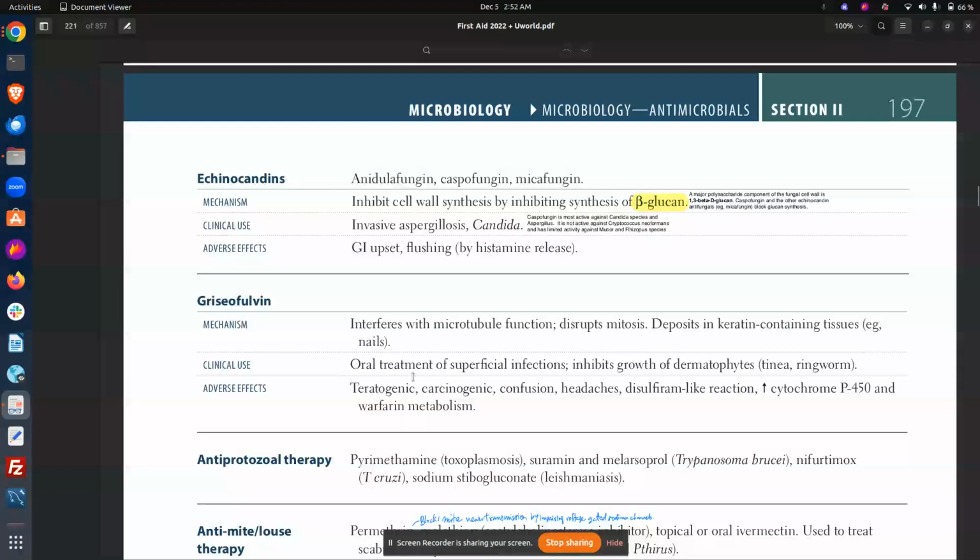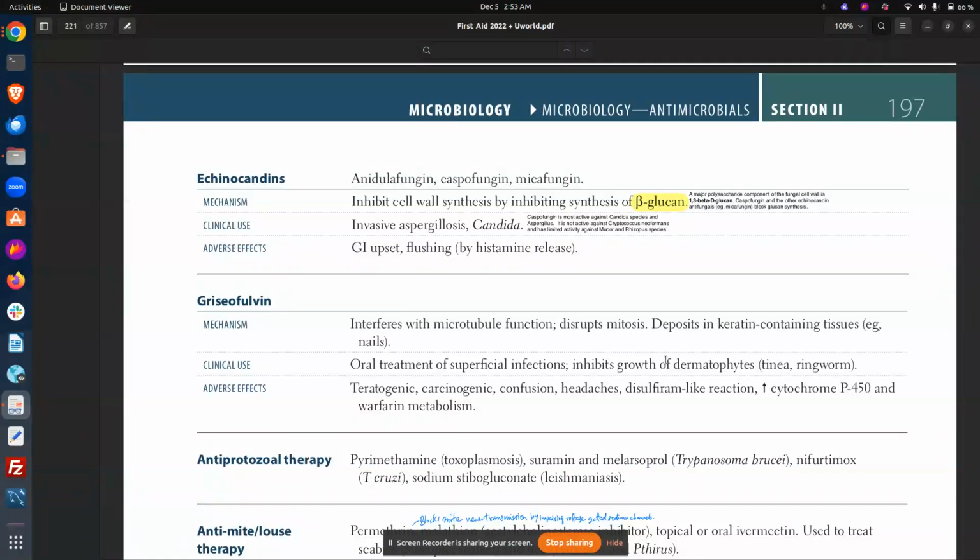Griseofulvin: I've seen some questions about the mechanism of action of griseofulvin. It interferes with microtubule function and disrupts mitosis, and deposits in keratin-containing tissues, for example nails. So we are using griseofulvin for superficial fungal infections. It inhibits the growth of dermatophytes, like tinea and ringworm.